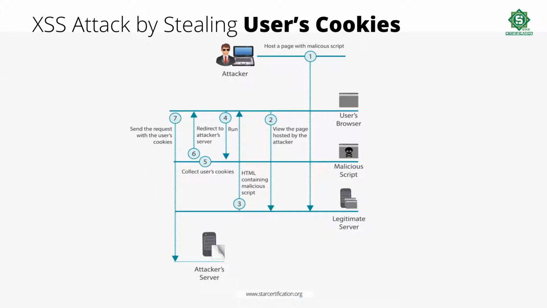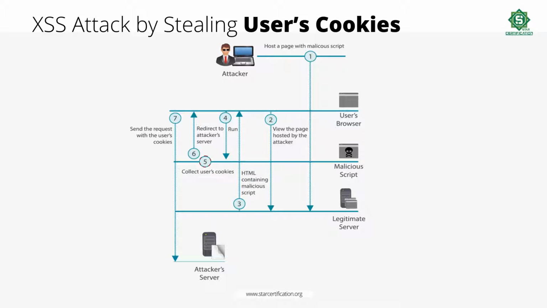The figure shows the steps to perform the XSS attack by stealing the user's cookies. The attacker hosts a malicious web script. The legitimate server views the page hosted by the attacker. The web server then redirects the HTML page, which contains the malicious script, to the victim. When the victim runs that page, the malicious code gets the user's information.